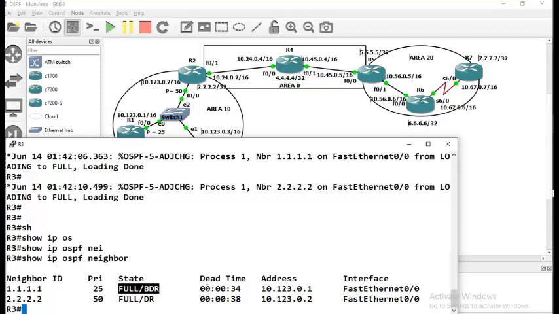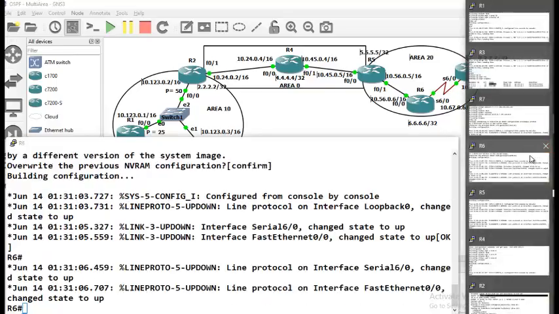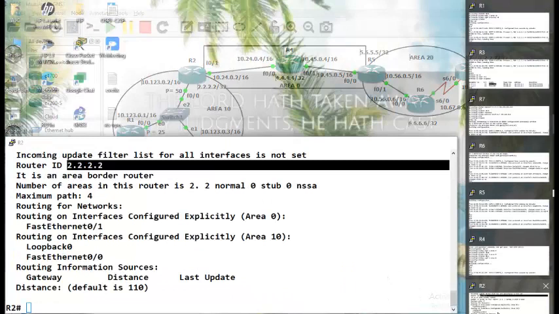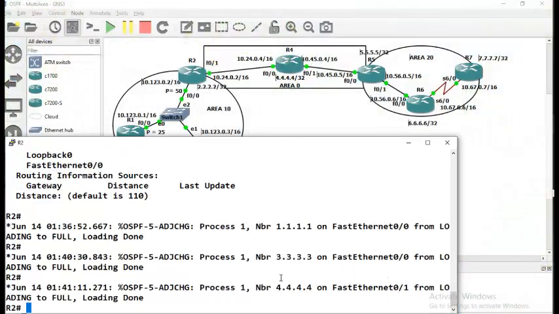Now, if you go to the other side, let's go to R2 itself. R2 should have 3 neighbors. Yeah, one is R1, same area. Another one is R3, same area. Another one is R4, area 0. Let us see this.